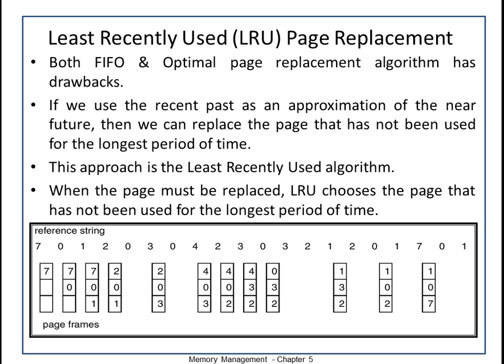Means instead of checking the future page requests, we will check the past page requests. Considering that the past will appear in the future, we will use that past knowledge for the future frames. So it may be helpful.